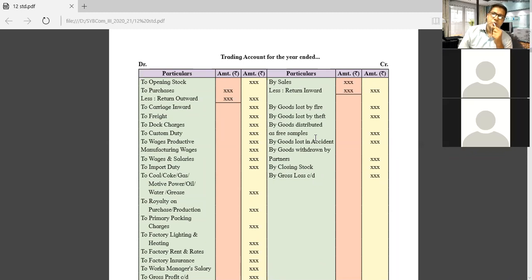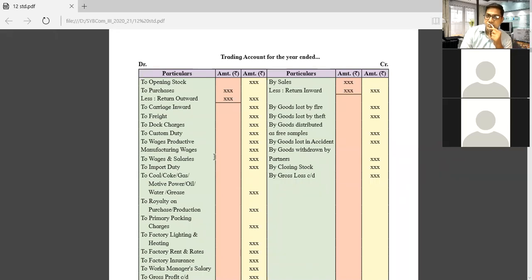So what kinds of expenses are there? Opening stock on the debit side, purchases less returns outward, so sometimes purchase return is there, carriage inward, freight, dock charges, custom duty, productive wages. Only wages is also recorded on the debit side.